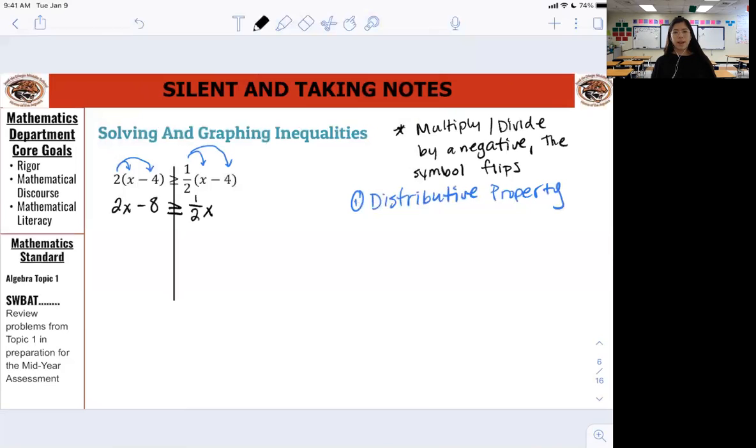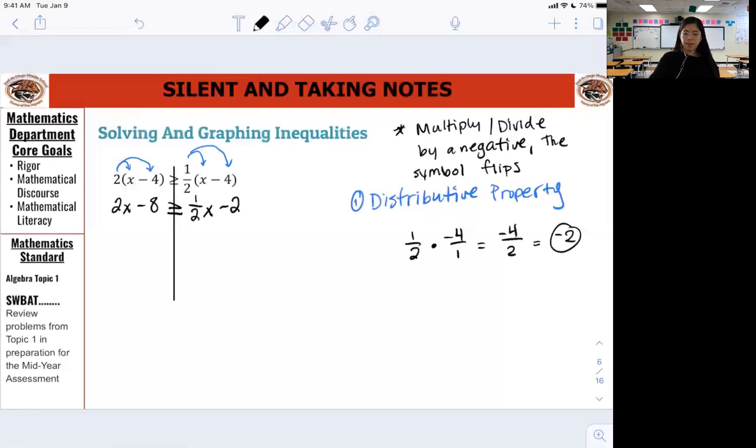And then what is 1/2 times -4? -2. Good. Again, you can do this the long way: 1/2 times -4 over 1 is -4 over 2, which is -2. Or you can do it the quick way, which is remembering that 1/2 is the same as dividing by 2. So 4 divided by 2 is 2.